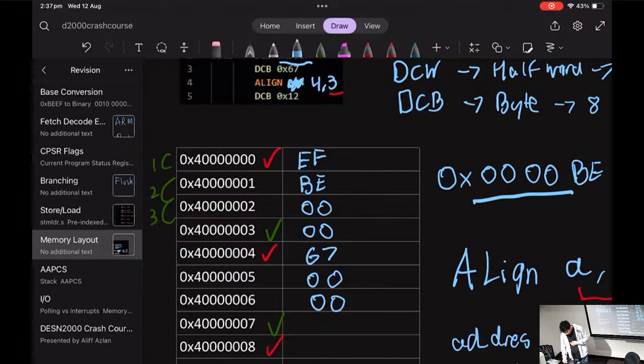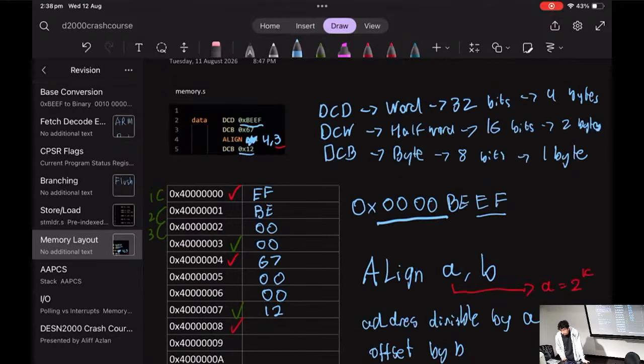And then after that we have our DCB, which is 0x12, and we can put that in there. And that is what memory layout looks like. Any questions so far on this? Anything on chat? No. Cool.